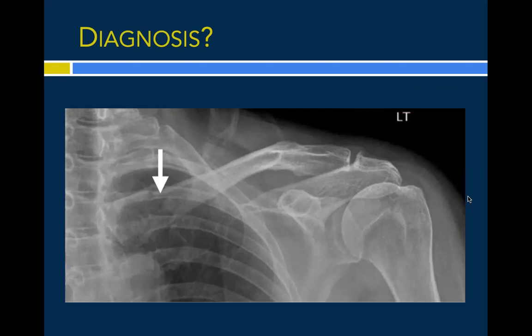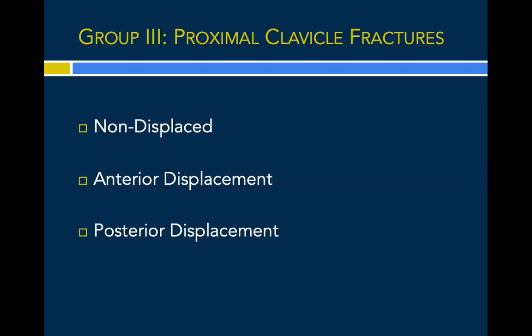Excellent point. So in a single view, with no orthogonal planes, it's hard to tell if that's displaced posteriorly, anteriorly, et cetera, right? But in the single view, to our best bet, we know it's fractured medially and questionable displacement.